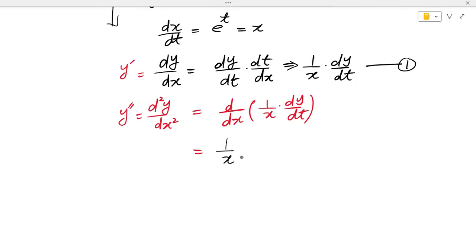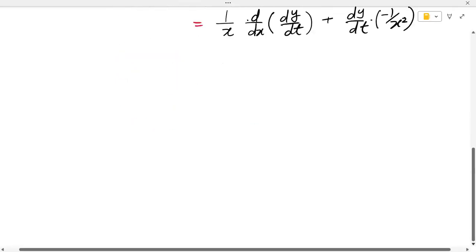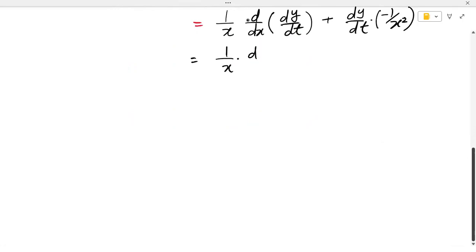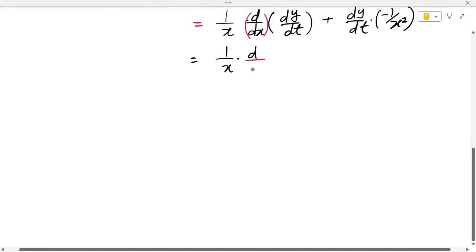So 1 over x times d dx of dy dt, plus the second function taken as constant, and the derivative of 1 over x will be minus 1 over x squared. So this needs a simplification. 1 over x, and this part can be simplified as d over dx of dy dt.